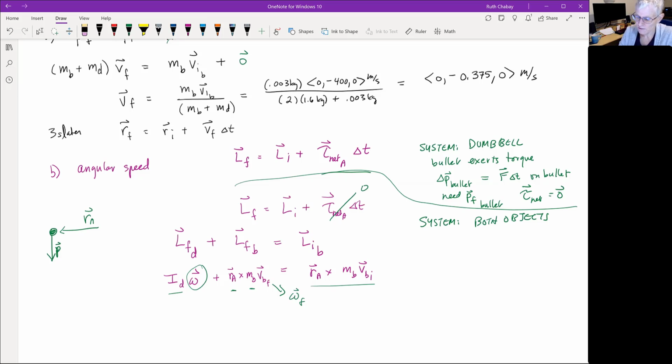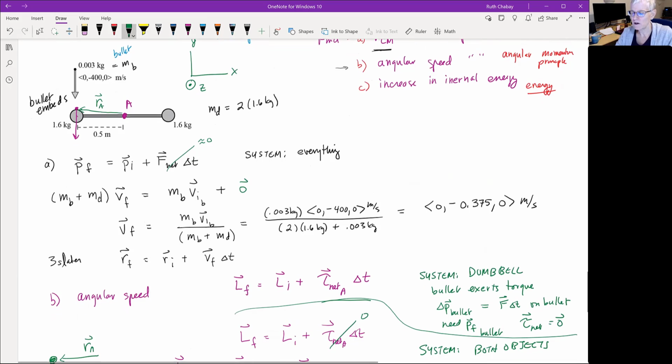If we put these vectors tail to tail, we have R sub A, we have P, we use our right hand, and we do indeed get plus Z. If you had trouble with directions of angular momentum on the last test, this is something you need to review. Okay, so that's in the plus Z direction.